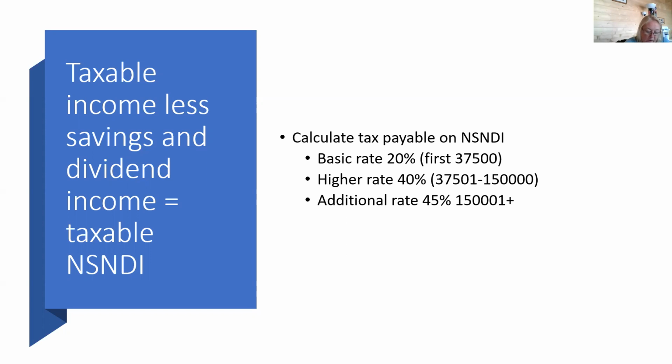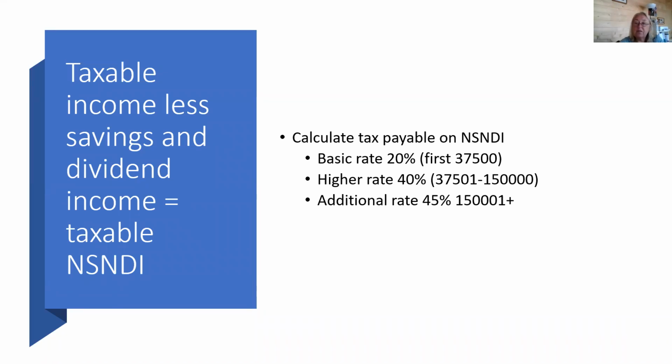Okay, so say I was incredibly well paid this year, and I got £200,000. Then the first £37,500 would be taxed at 20%. I then pay 40% on the difference between 150,000 and 37,500.